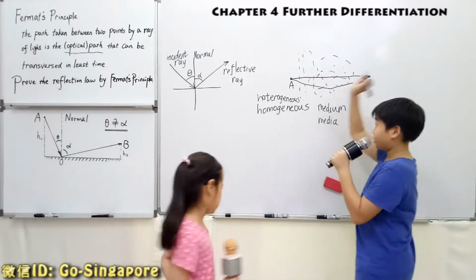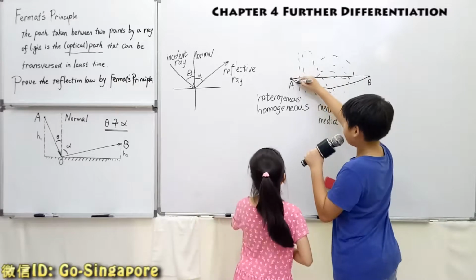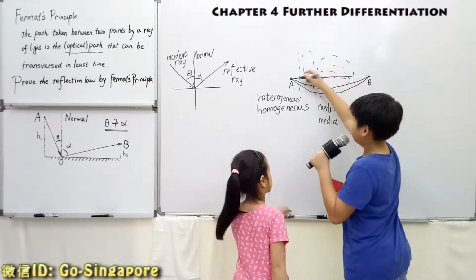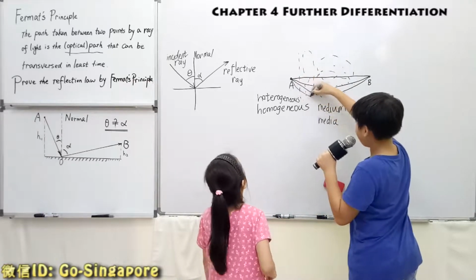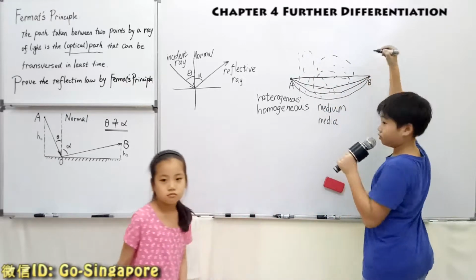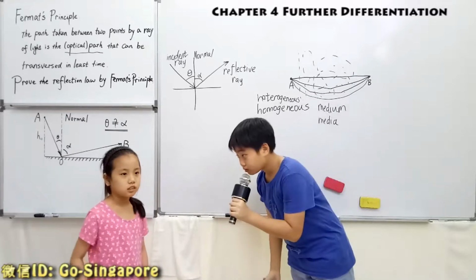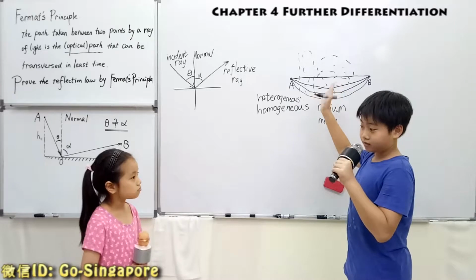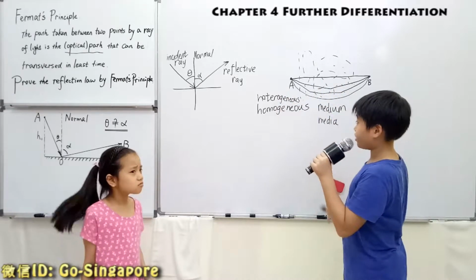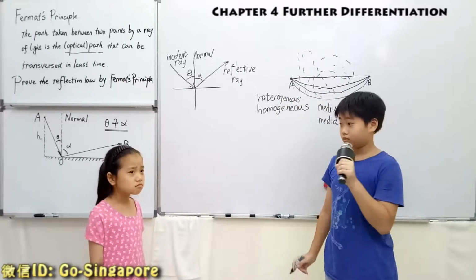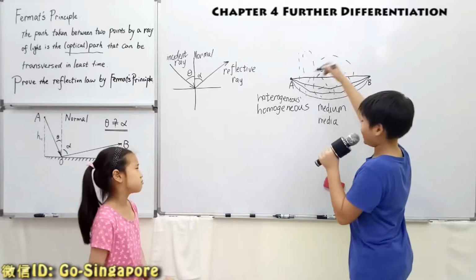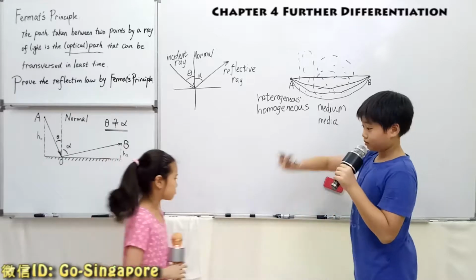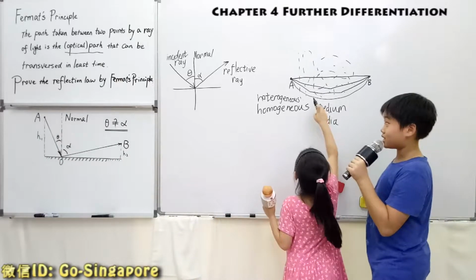Heterogeneous can also be here's a line, here's another line, here's the final line. Or it can also be a curve. What other kinds of heterogeneous can you think of? You can actually draw lines. There are many types.